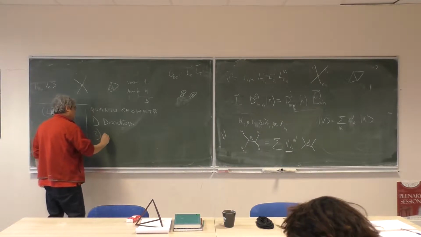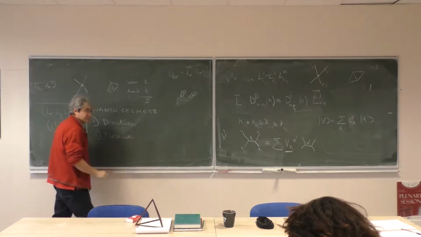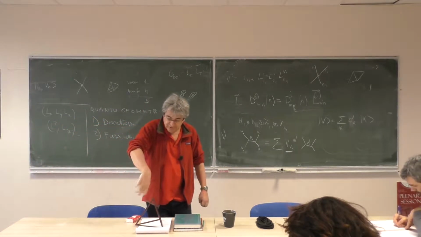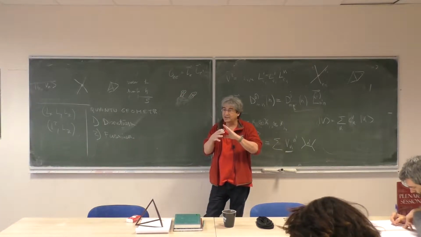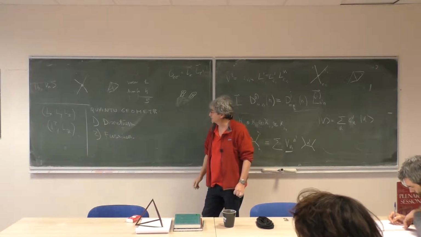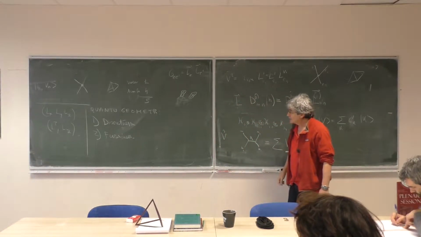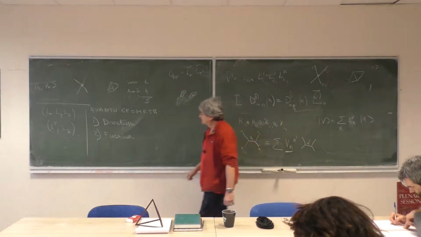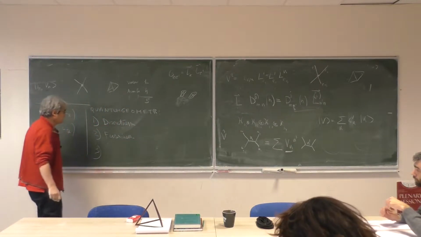And second, fuzziness. That comes from the fact that all the variables describing the geometry of these elementary things don't commute with one another. Therefore, you always have fuzziness in the small. There is a third aspect which is implicit here.